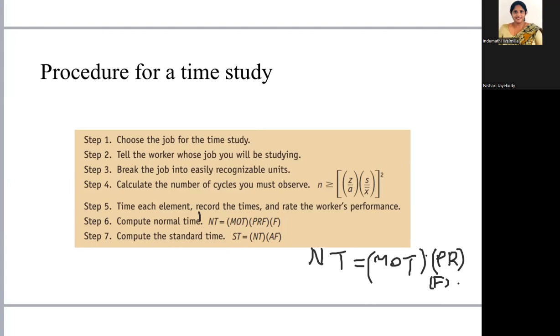So within the first method, we know the allowance, personal or other. With the first method, how can we do this one? Normally, this normal time reflects how long it takes to produce one single unit.